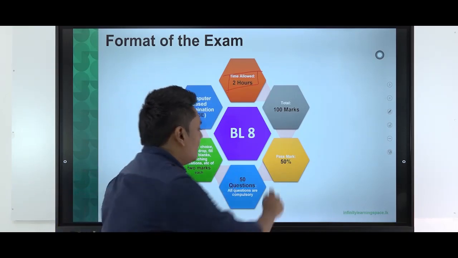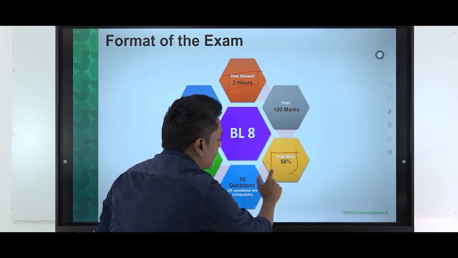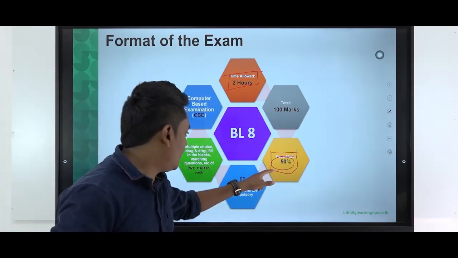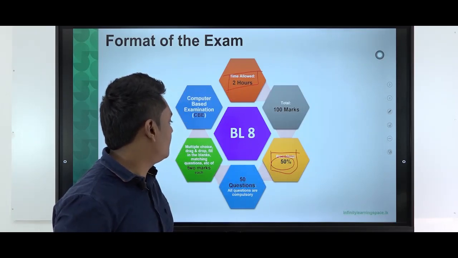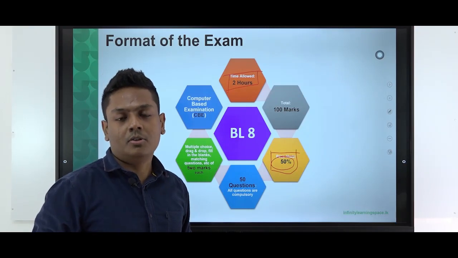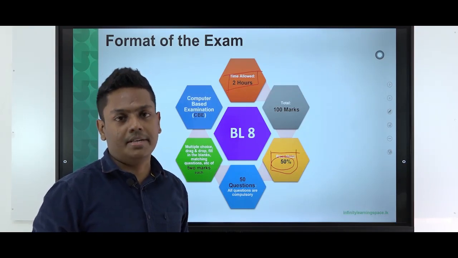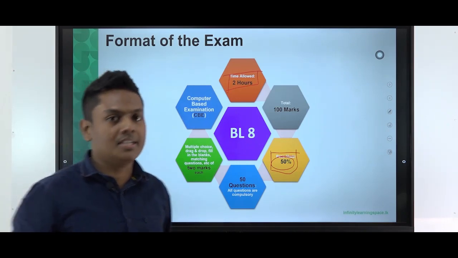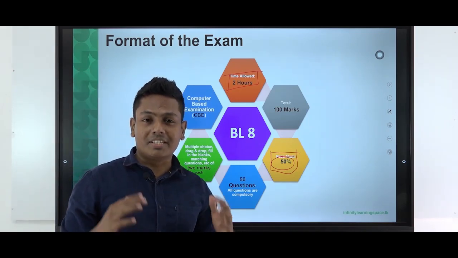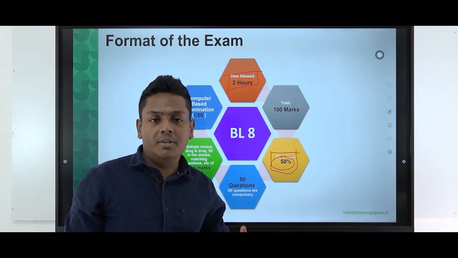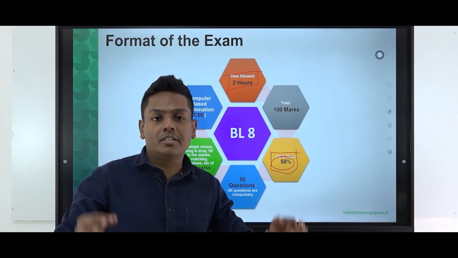And the pass mark is 50%. So in order to get this 50%, you need to get 50 marks out of the total 100 marks allocated, right? This is not going to be a difficult subject, and it is not going to be a theoretical subject, but you have to think and put yourself in the position of a digital entrepreneur.